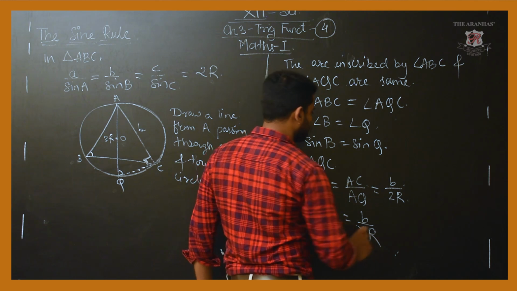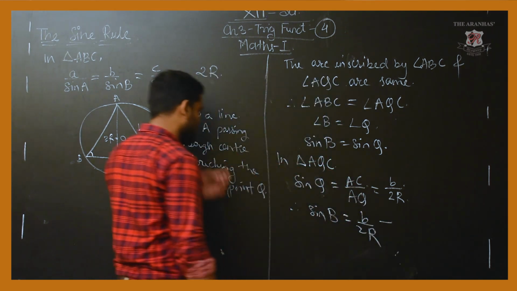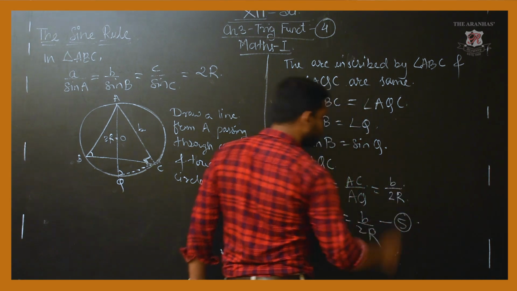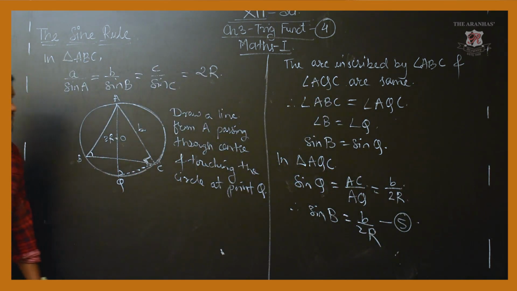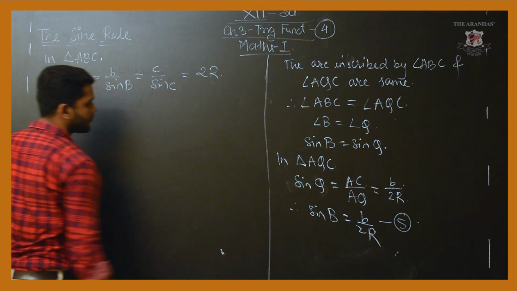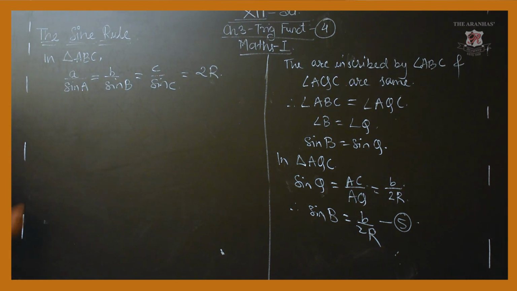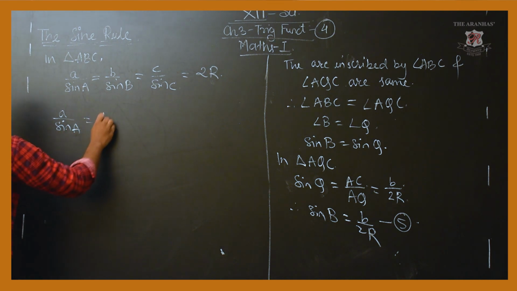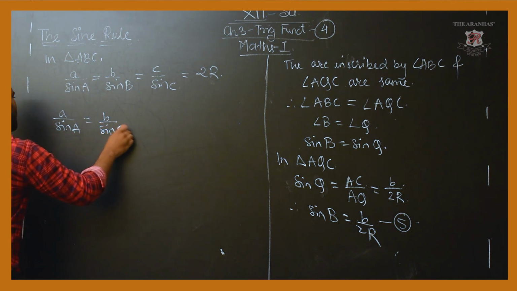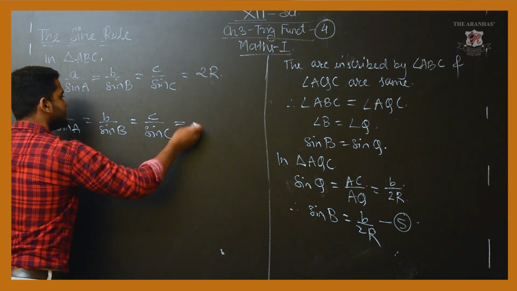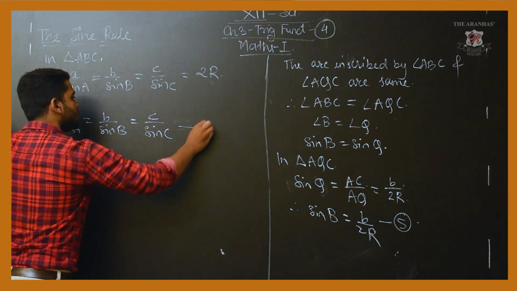Now after this, give this as equation number 5. Okay. So from 4 and 5, what we came to know is, see, we had equation 4 as a upon sine a equal to b upon sine b equal to c upon sine c. This was our equation 4.